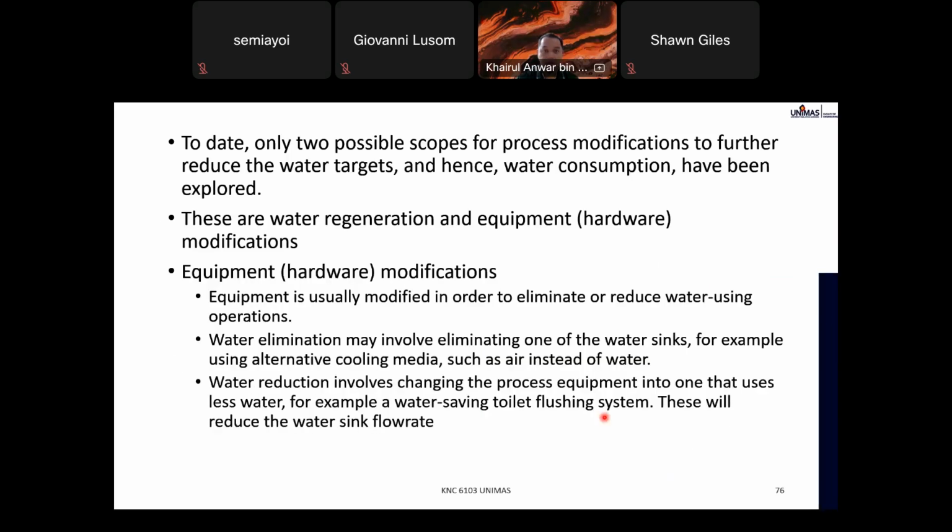There are only two possible scopes for process modification to further reduce the water target and enhance water consumption. These are water regeneration and equipment modification.